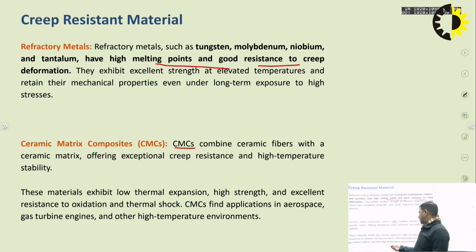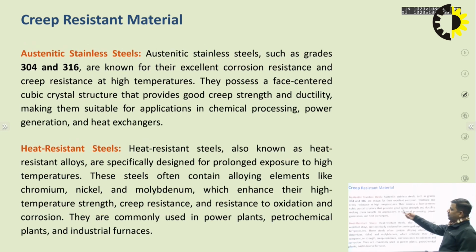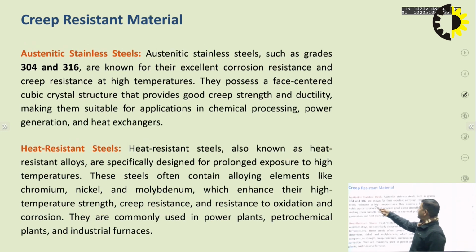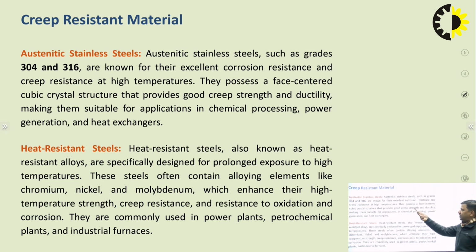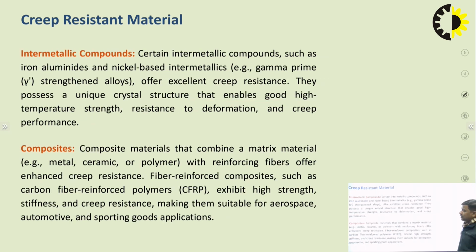Also some materials may be austenitic steel of grade 304, 316. They are going to offer you good creep strength and ductility. If you go with heat resistant steel, then again you will get creep resistance in your process.